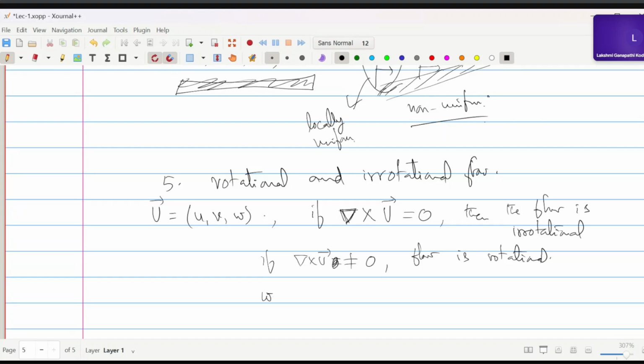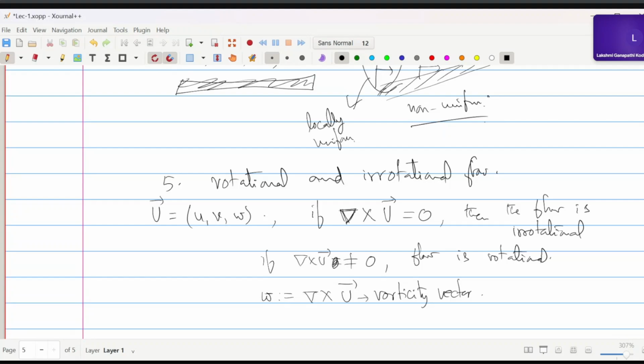We write it as omega. By definition, gradient cross U is called vorticity, the quantification of the rotation. It's a vector, a vorticity vector. You define it like this because there are vorticity lines, just like the streamlines that we will talk about in future.